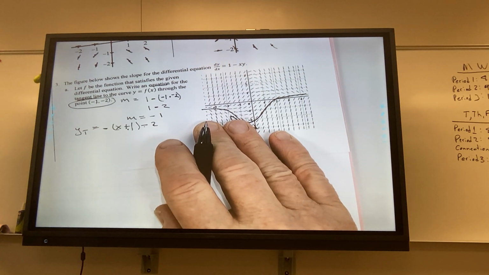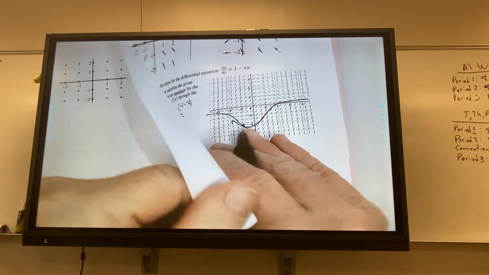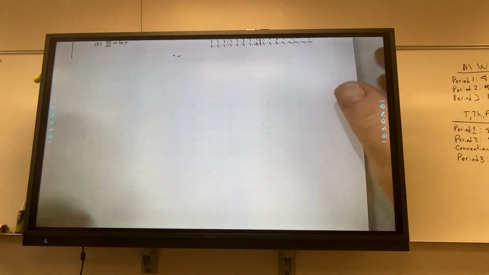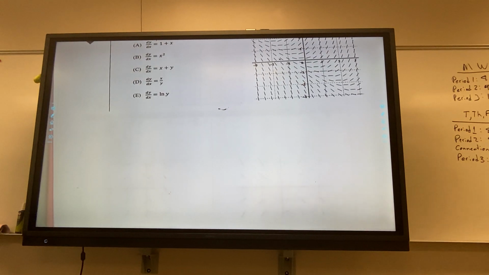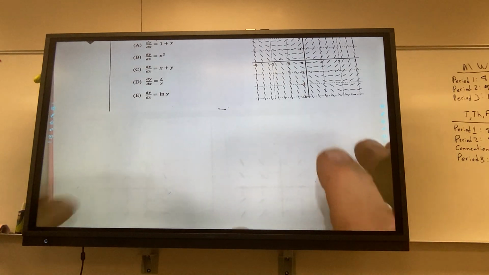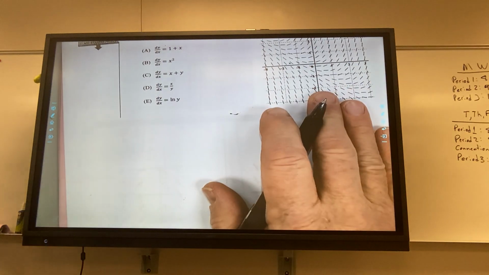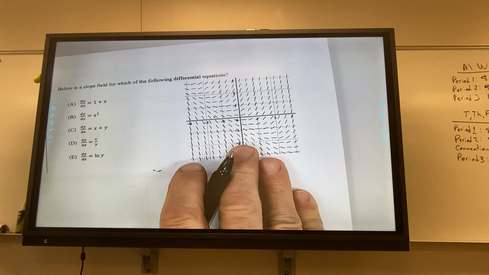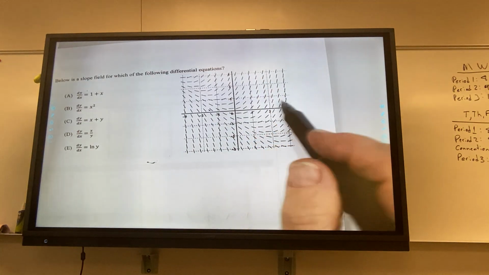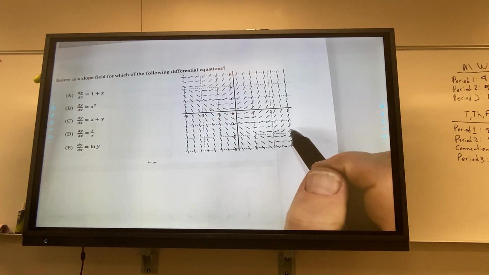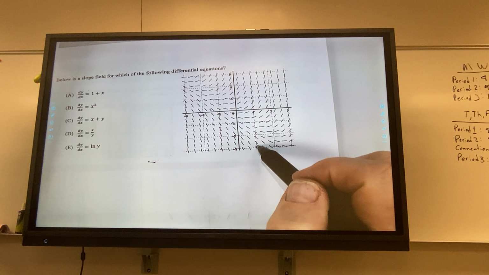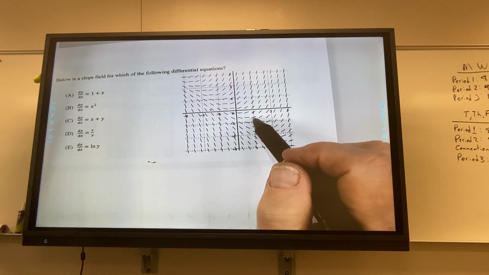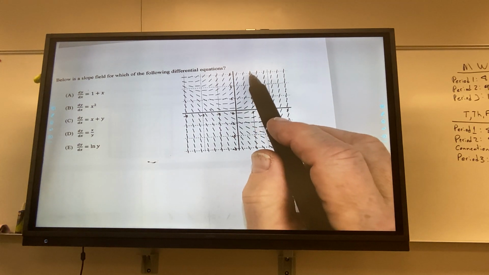All right, backside. You have something that looks like this? All right, so let's look at this. Are they parallel vertically? Or do they change? Like, is this slope the same as this slope?